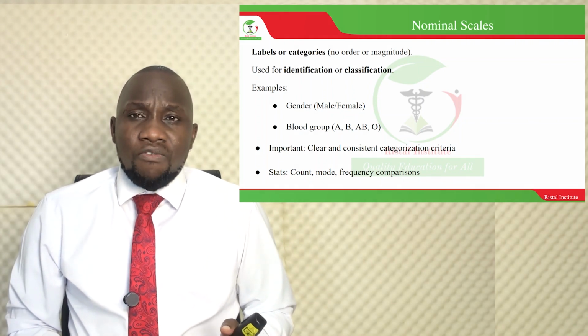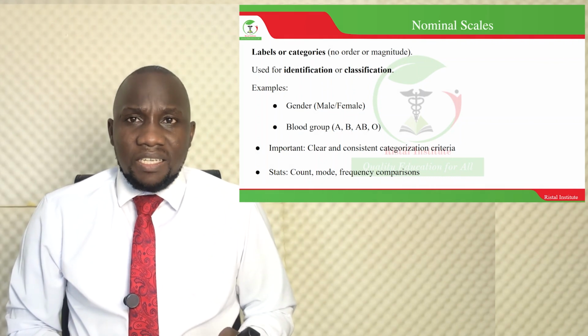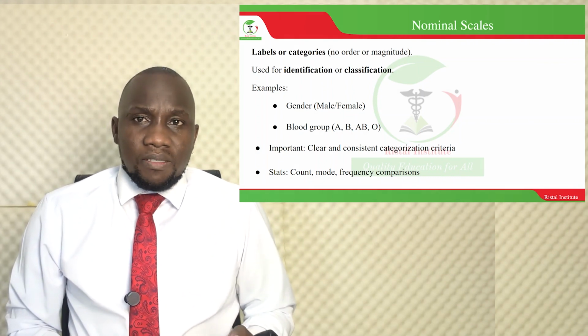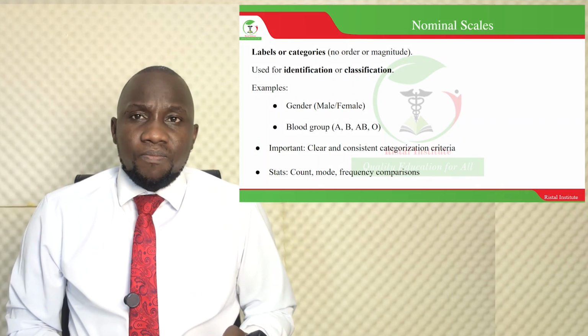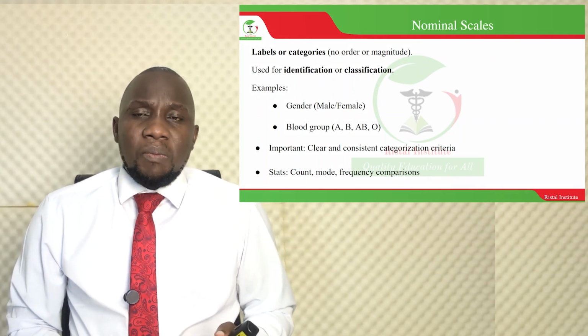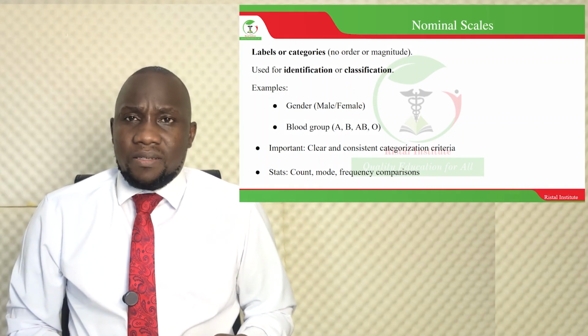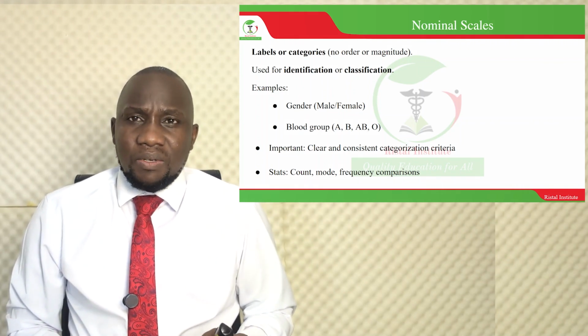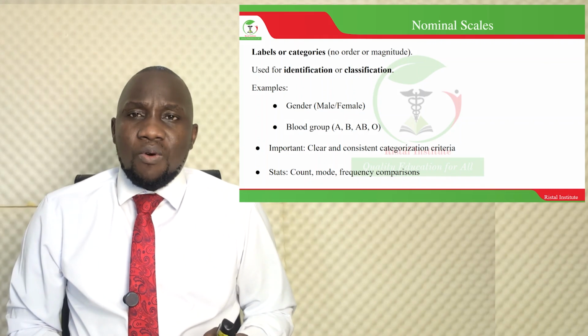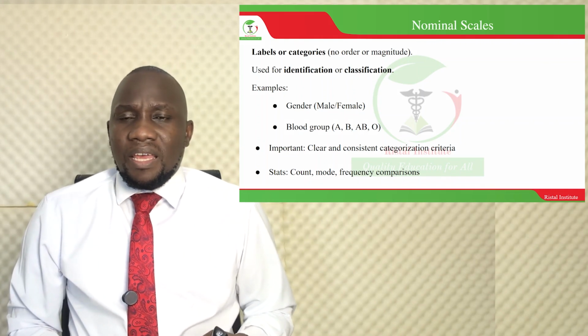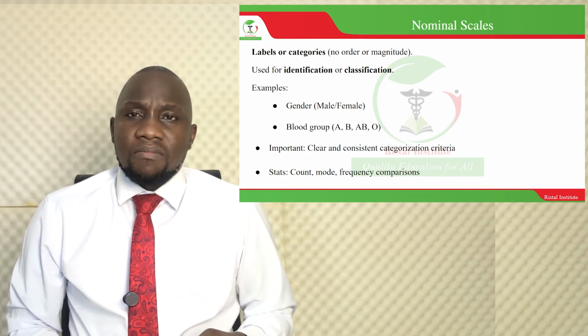Whether you say female first or male first, it doesn't really matter. Same thing with blood group. If you say I'm blood group A, blood group AB, blood group O, this doesn't matter to us. It doesn't matter whether we start with blood group O and then AB and then A and then B.